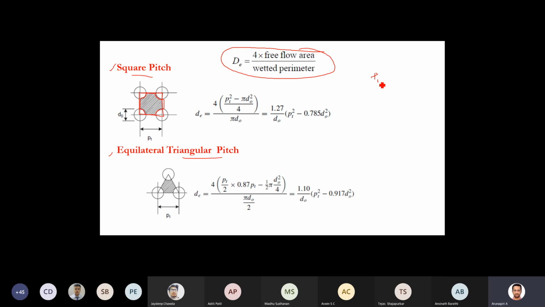Then you have to subtract these portions. So this is the D, correct? These four quarters equal one cross-sectional area of one circle, that is pi by 4 D naught square, where D naught is the outer diameter.